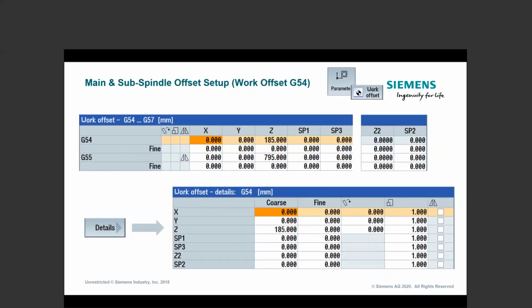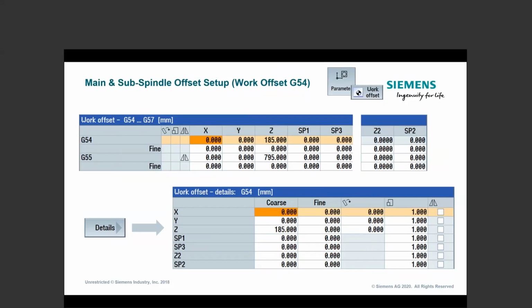So when it comes to setting your work offsets, generally I always like to have two offsets. One work offset's going to drive and sit on my main spindle. The other work offset's going to be sitting on my counter spindle. Main's going to be pretty straightforward, right? In this case, I'm not doing anything too fancy, like eccentric turning or anything, so everything's going to be working on the center line.